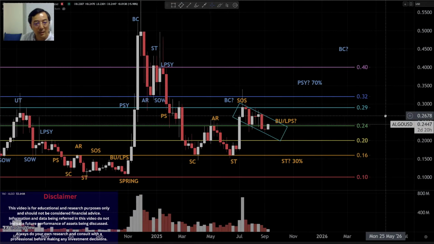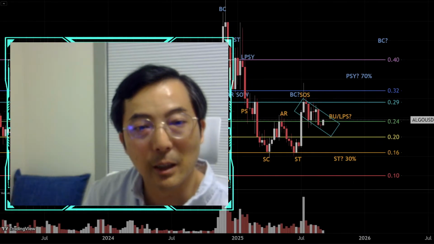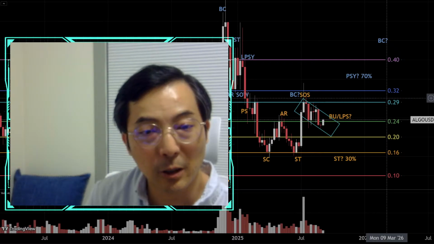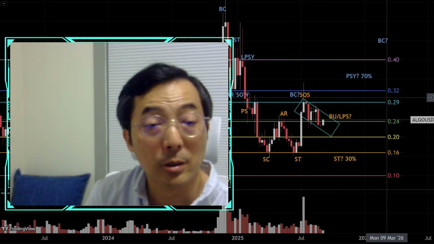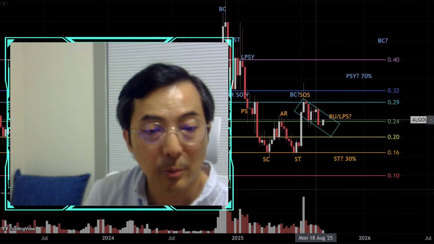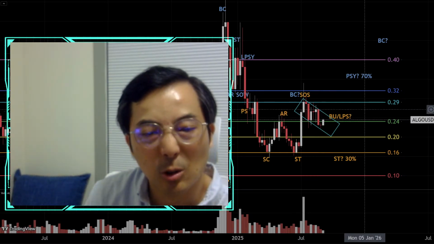So that's pretty much where the position of Algorand is. It seems like it's near the end of an accumulation, or a mid-late stage of an accumulation, and it's just a matter of time for the new distribution cycle to happen. And it looks like from a volume perspective and the recent U-turn, it's giving some good indication.